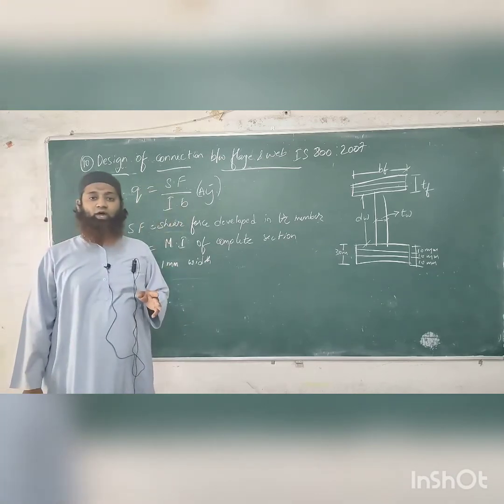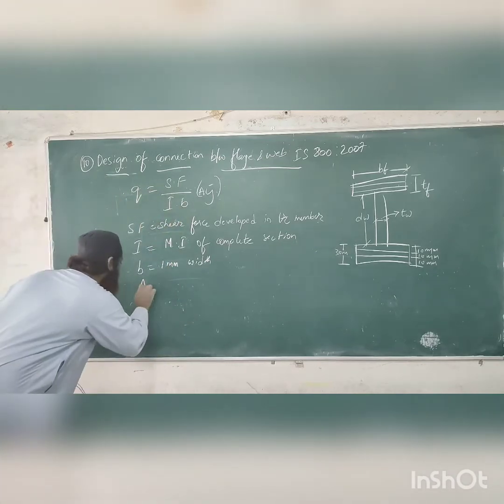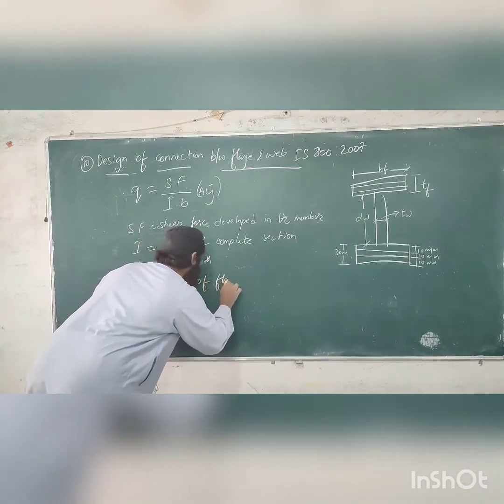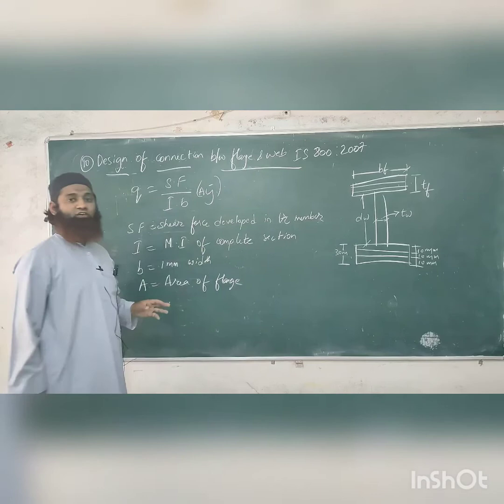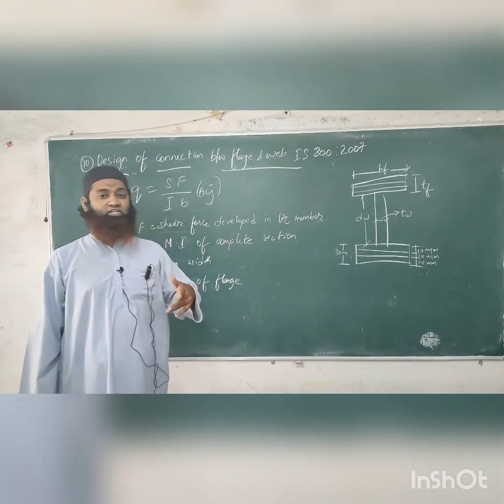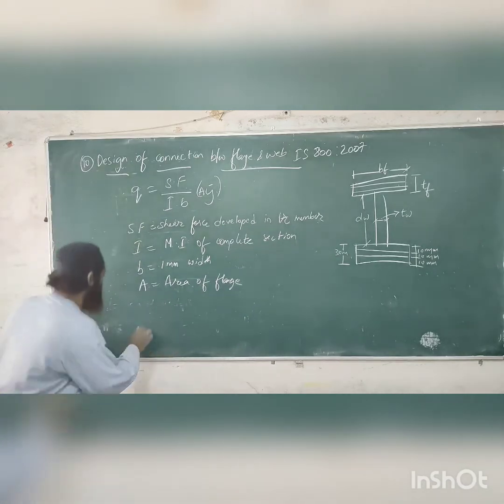And what is A now? A is the area of the flange, and Y is the distance of the centroidal axis of the section.